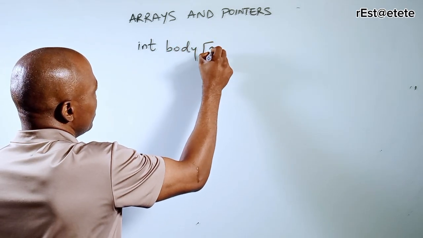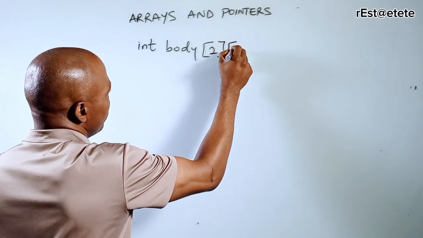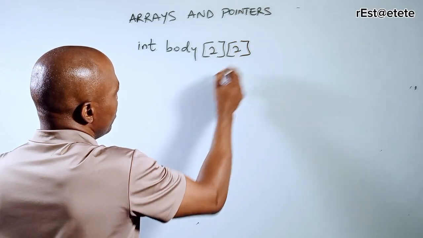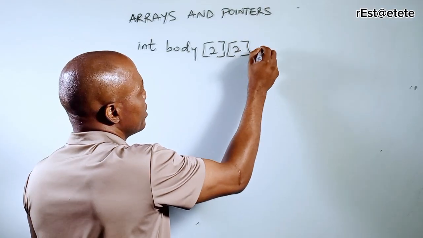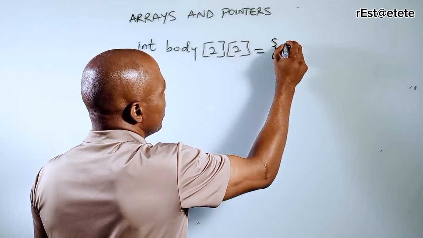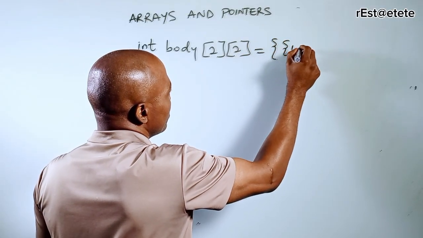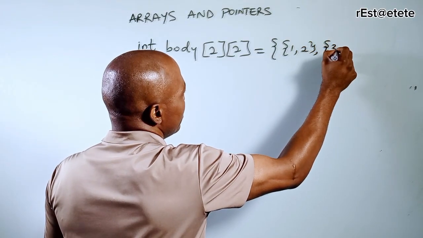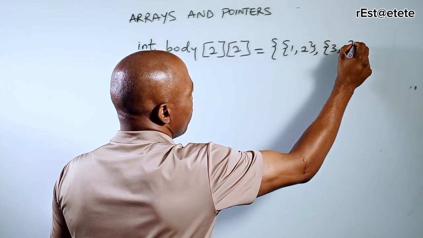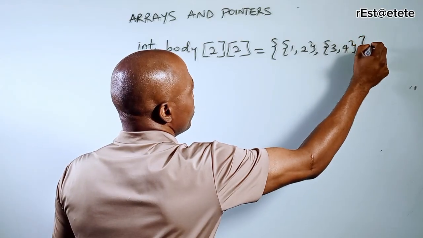And then I will do this 2, and then I will do this 2. Okay, this is a two-dimensional array. I'm going to initialize it. So I'll say this, I'll do 1, 2. Then I'll do 3, 4. Then I will close this.